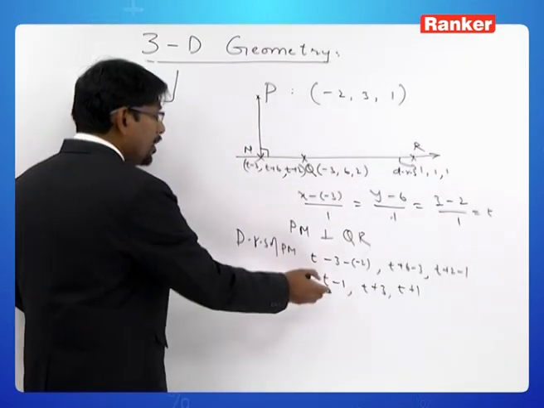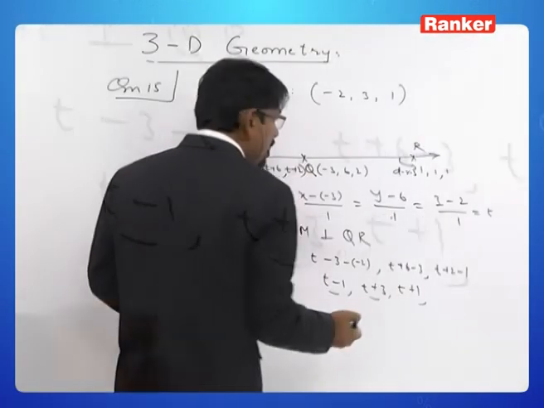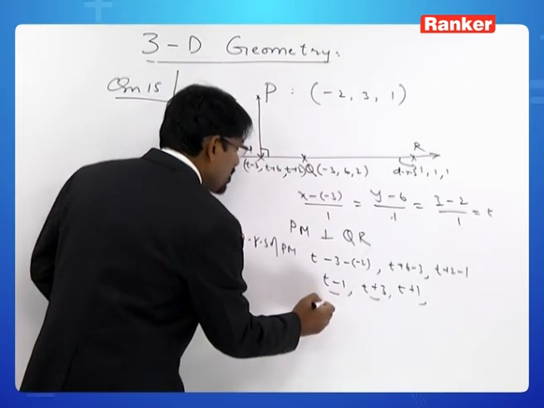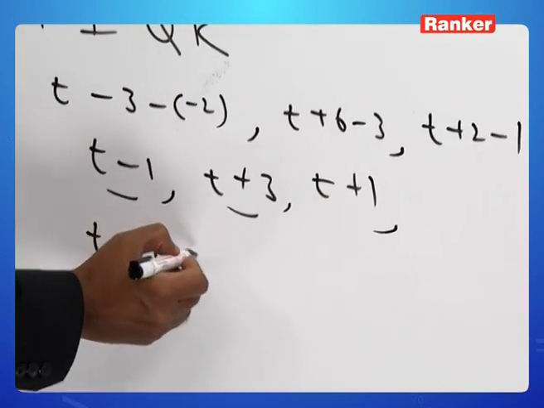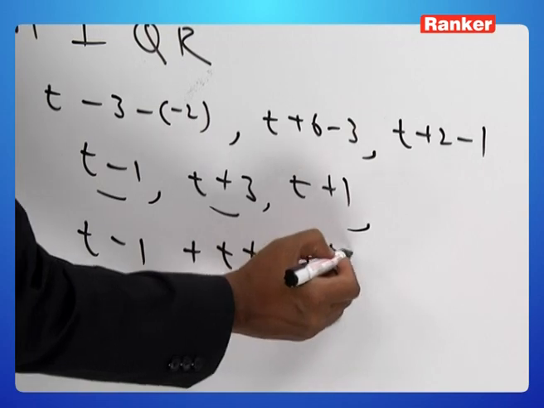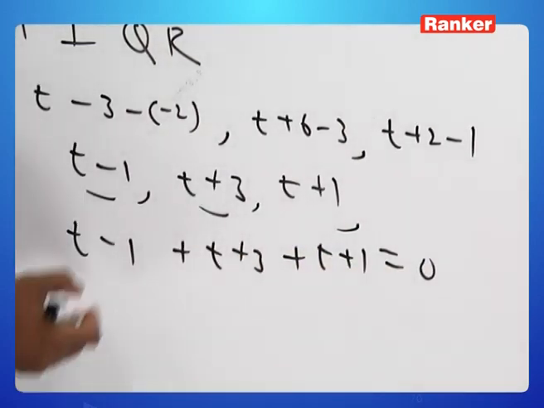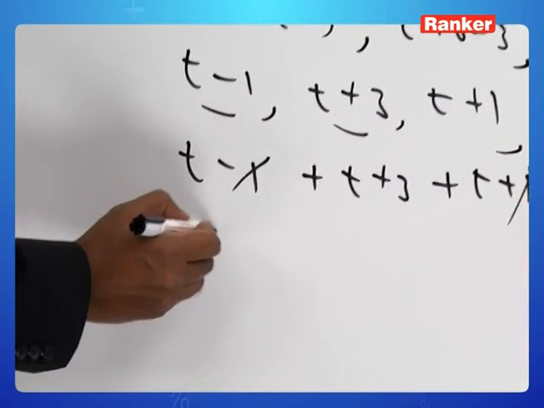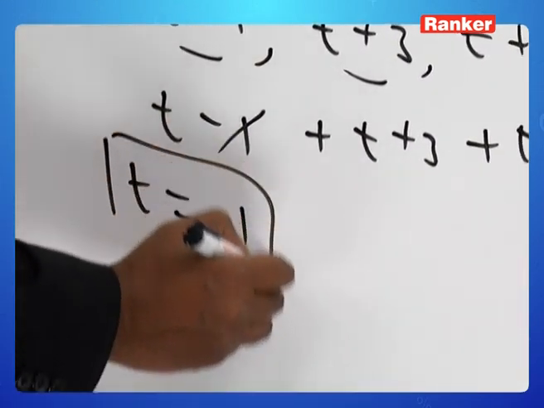Now the dot product of these DRs with 1, 1, 1 has to be 0 because PM is perpendicular to QR. So (t minus 1) into 1 plus (t plus 3) into 1 plus (t plus 1) has to be 0. Now the 1 and 3 cancel with the minus 1 and plus 1... so you have 3t plus 3 equal to 0, so that gives us t equal to -1.